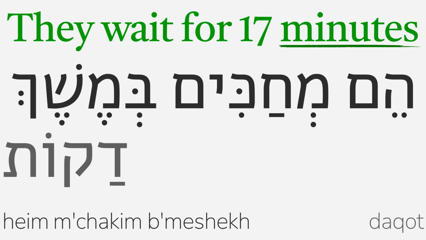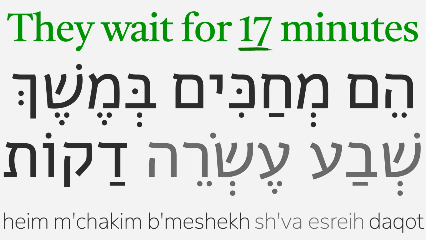Minutes is dakot, a feminine noun, which needs the feminine number, shva esrei, 17. Heim machakim b'meshach shva esrei dakot. They wait for 17 minutes.